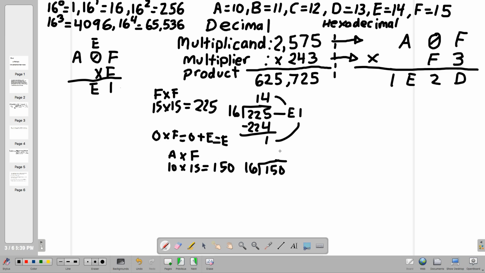That goes in there 9 times. And 9 times 16 is 144. So we got 144 here. That means we subtracted 144 from 150, and that leaves 6. So what that says is that the value 150 is represented in hexadecimal as 96. And so that goes here.